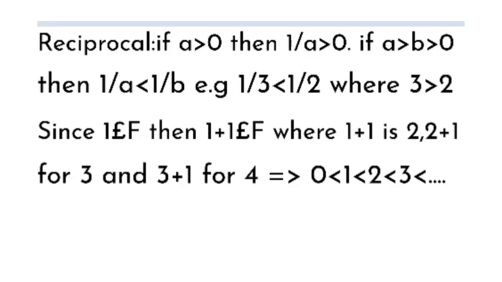What this tells us is that as we undergo the addition of elements in the field, we get a greater element than the first, such that 0 is less than 1, 1 is less than 2, 2 is less than 3, in increasing order until you get to n.